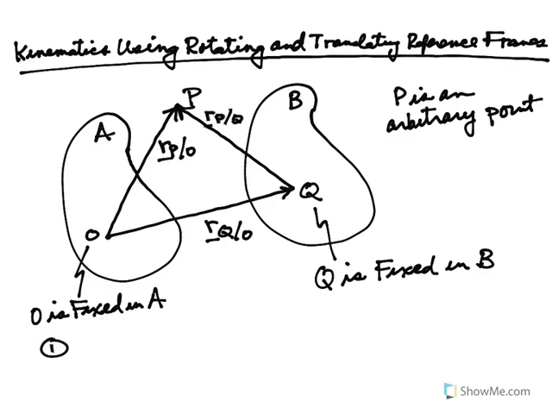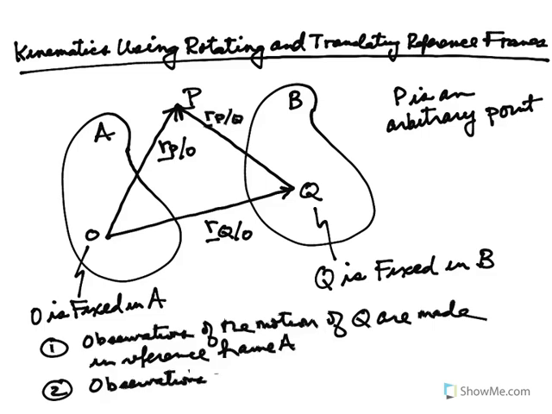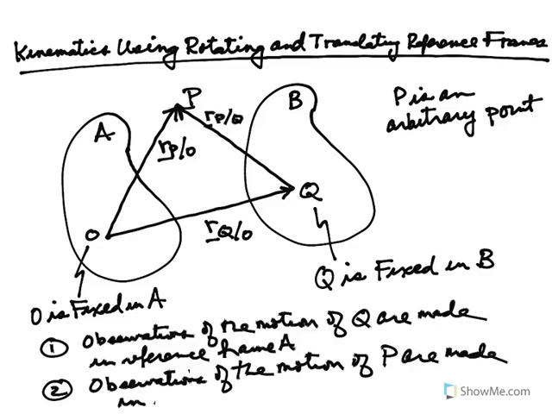The first one is that observations of the motion of Q are made in reference frame A. The second is that observations of the motion of P are made in reference frame B.